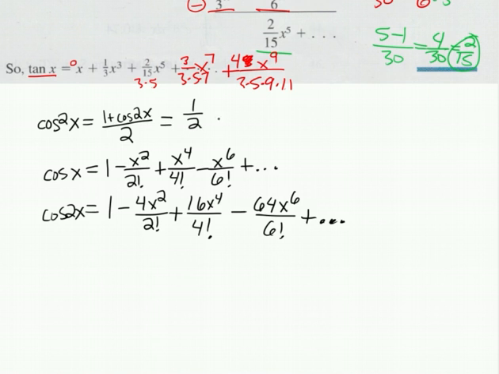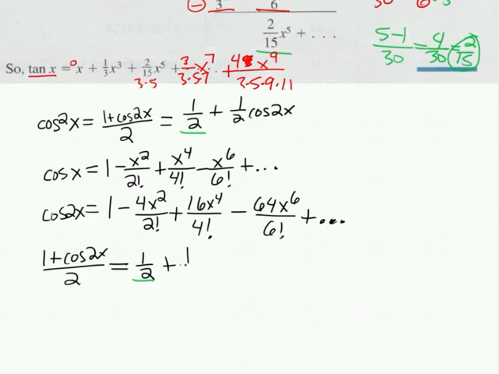Isn't this really 1/2 plus 1/2 of that? So now we need to have half of that and add a half to it. So 1 plus cosine of double x over 2, which is really cosine squared of x in disguise, is 1/2 plus 1/2 of this stuff.